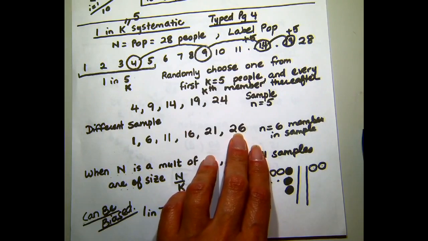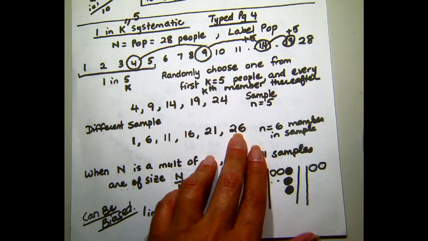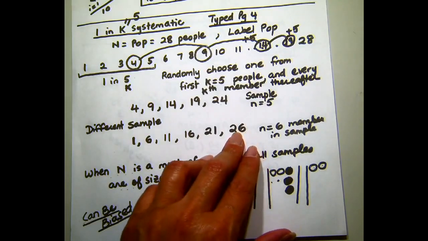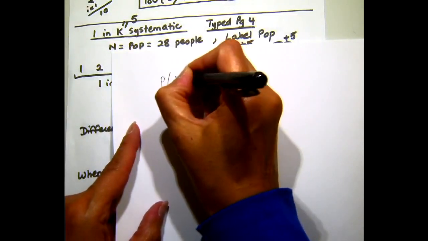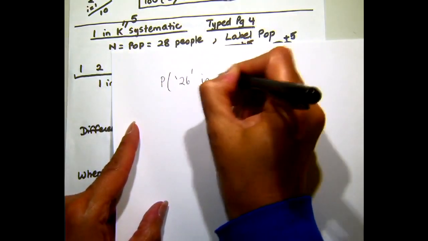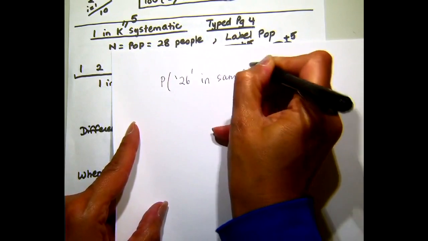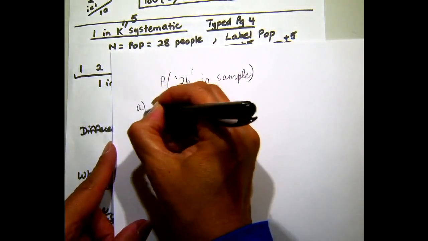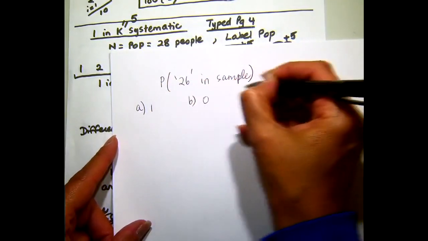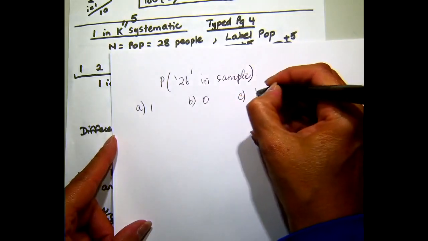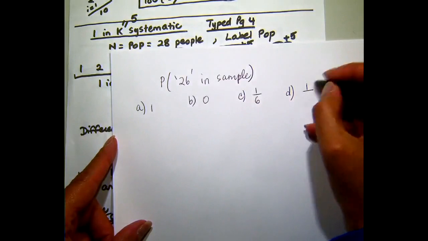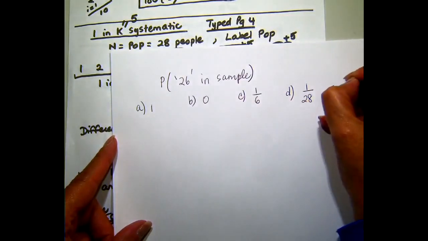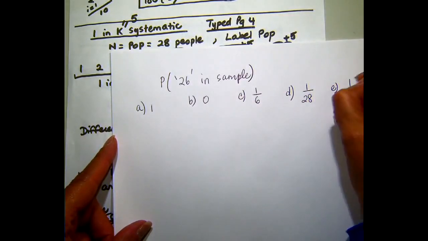What do you think? Let's say these are the choices. Probability of number 26 in sample. And the choices are the following. A, 1, B, 0, C, 1 out of 6, D, 1 out of 28, and E, 1 out of 5.